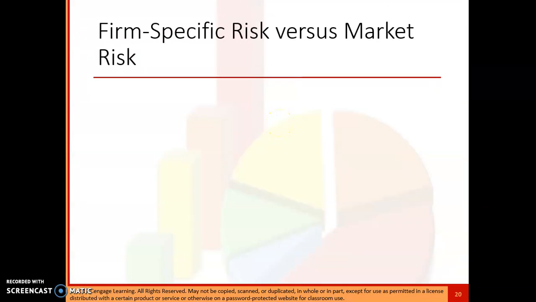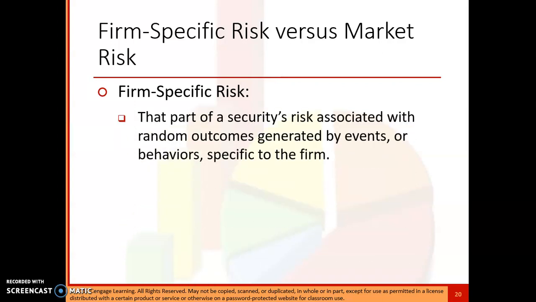So firm-specific risk versus market risk, we talked about this in the first section a little bit. The firm-specific risks are part of the security's risk associated with random outcomes generated by events or behaviors of the specific firm. Earnings reports, new products released, bankruptcy, any sort of thing like that would be firm-specific risk.